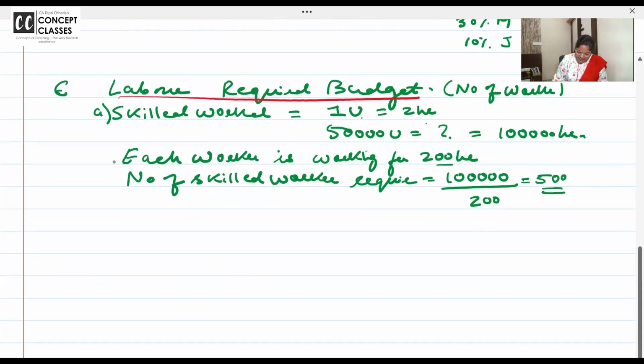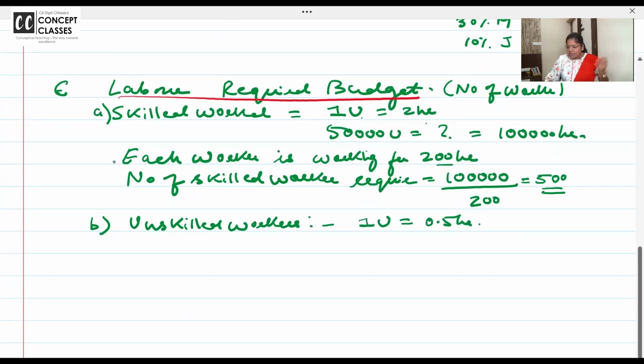Same way, this is 6A. Can we have unskilled workers also? In case 2 kinds of workers are required: for 1 unit, half an hour of unskilled work is also going to be done for the finishing and polishing work. So for 50,000 units, how many hours of work will be needed? Half an hour per unit, so 50,000 units into 0.5 is 25,000 hours.